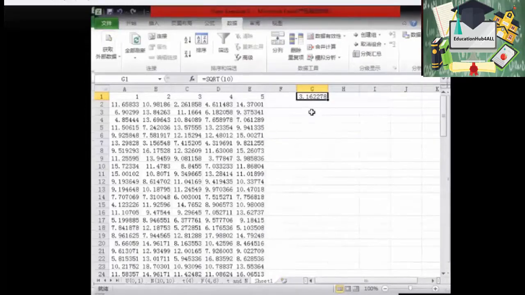If you are ready, next we want to see how the sample mean is distributed and how the sample variance is distributed.